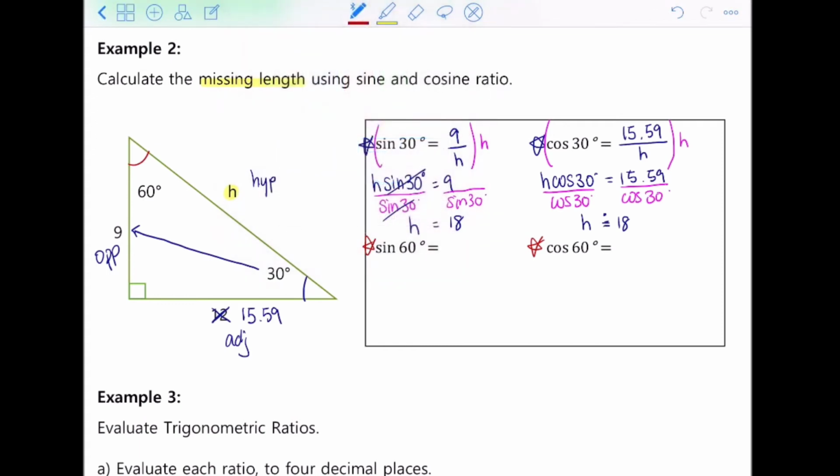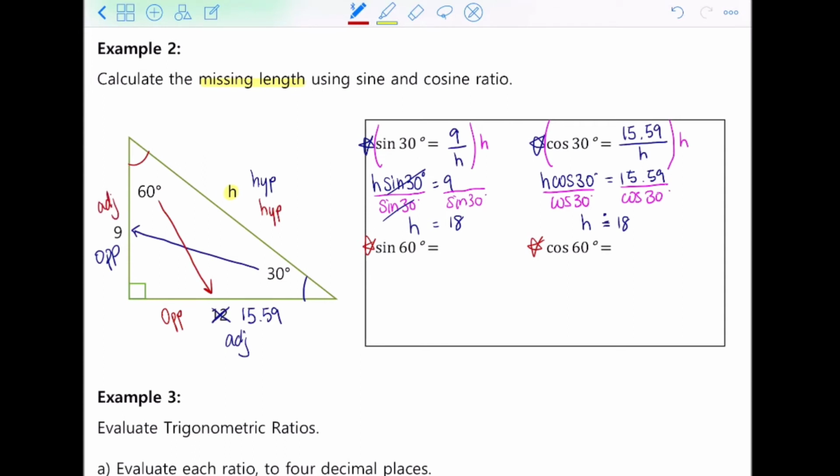Now in red, I'll take a look at angle 60 here. The side across from the 60 degrees angle is called the opposite side, and the longest side is still called hypotenuse, and the adjacent side is the missing one.